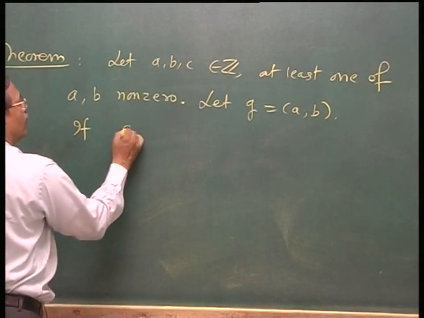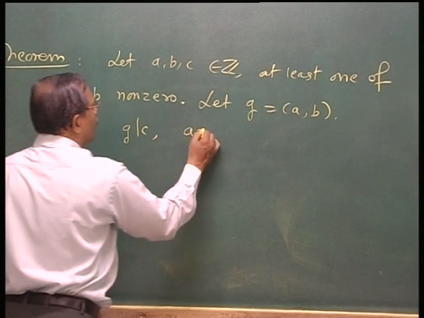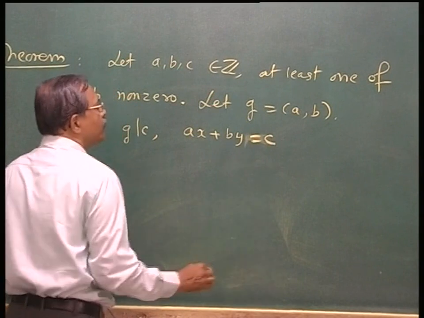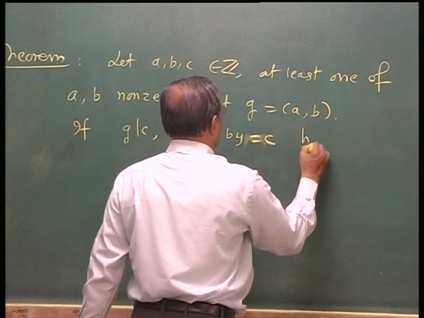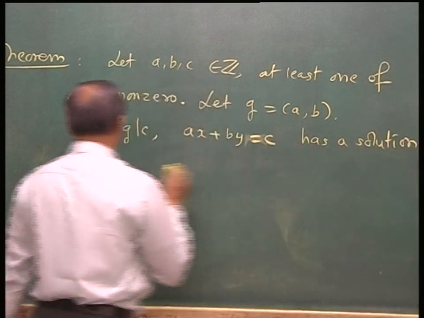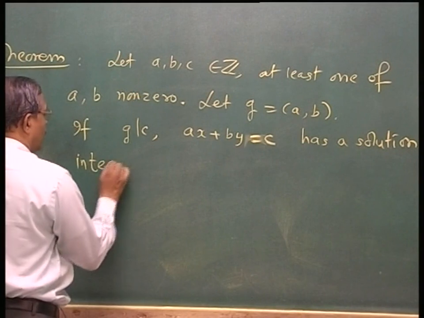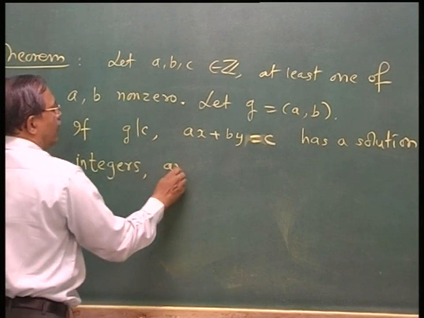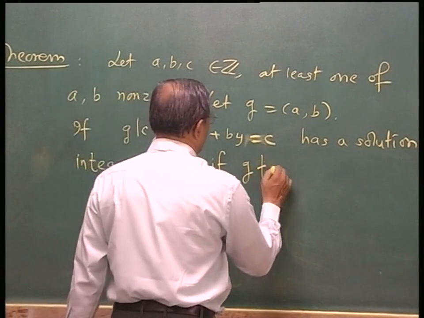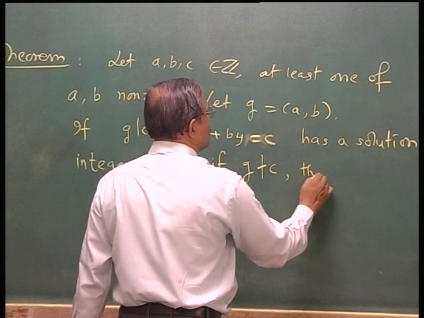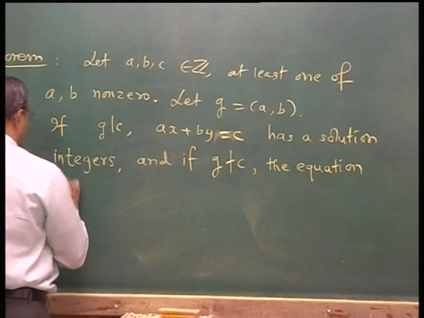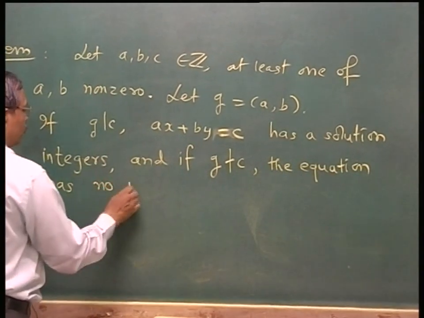If g divides c, ax plus by is equal to c has a solution in integers, and if g does not divide c, the equation has no integer solution.